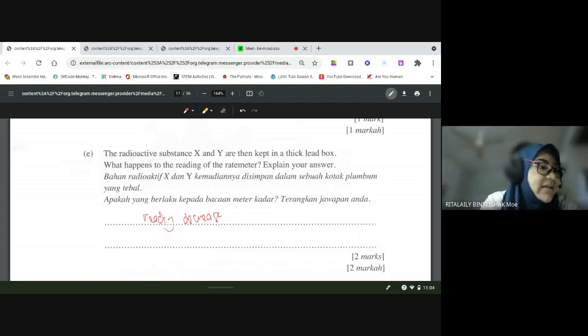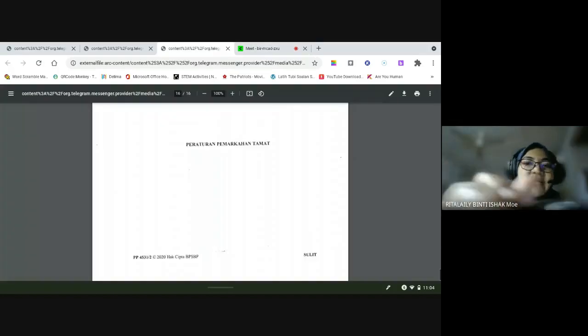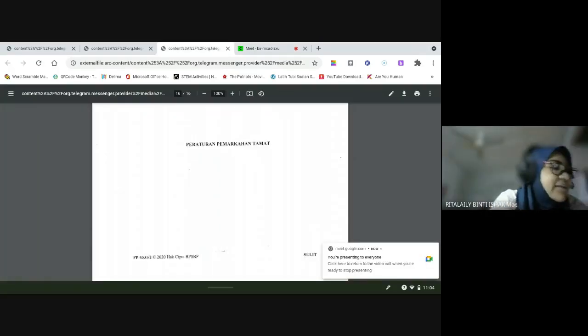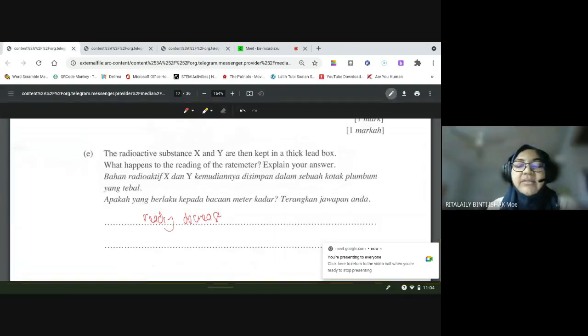So, why? Okay, some radiation cannot penetrate thick lead box.